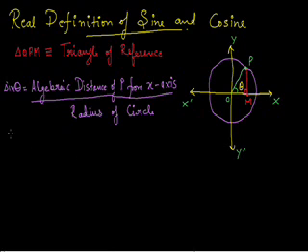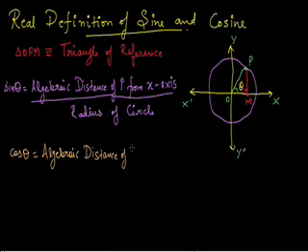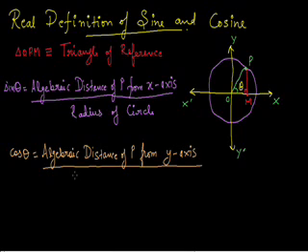This is the actual definition of sine theta. And similarly, the definition for cos theta would be equals to algebraic distance of point P from y-axis upon radius of circle. This is the actual definition of the function sine and the function cosine.